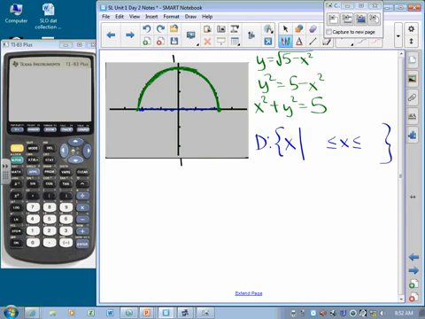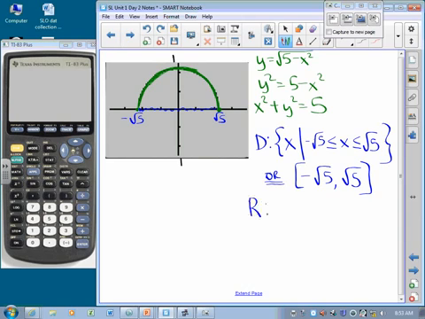It's got a radius of radical 5. That's a radical 5. That's a minus radical 5. Or we could say that the domain runs from negative radical 5 to positive radical 5, and both of those numbers are included. The graph does get to negative radical 5. The graph does get to positive radical 5.